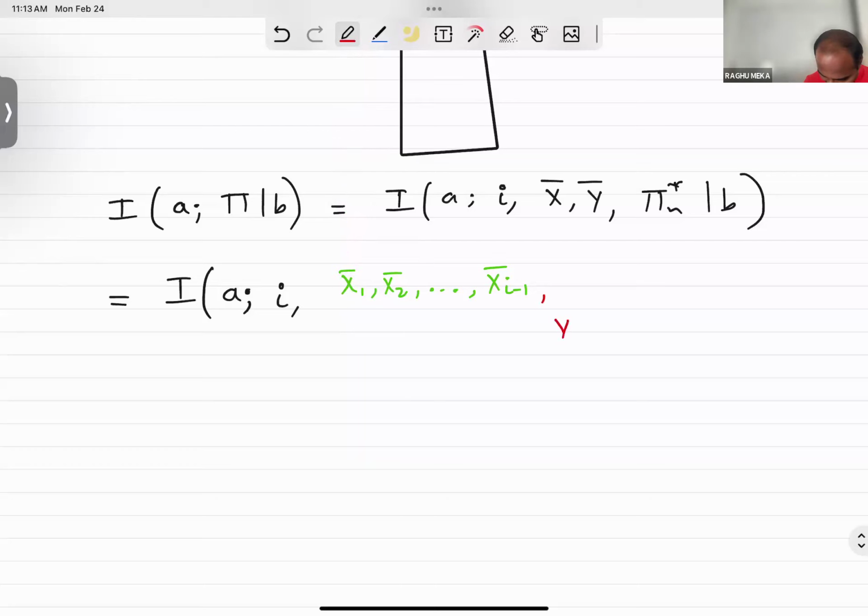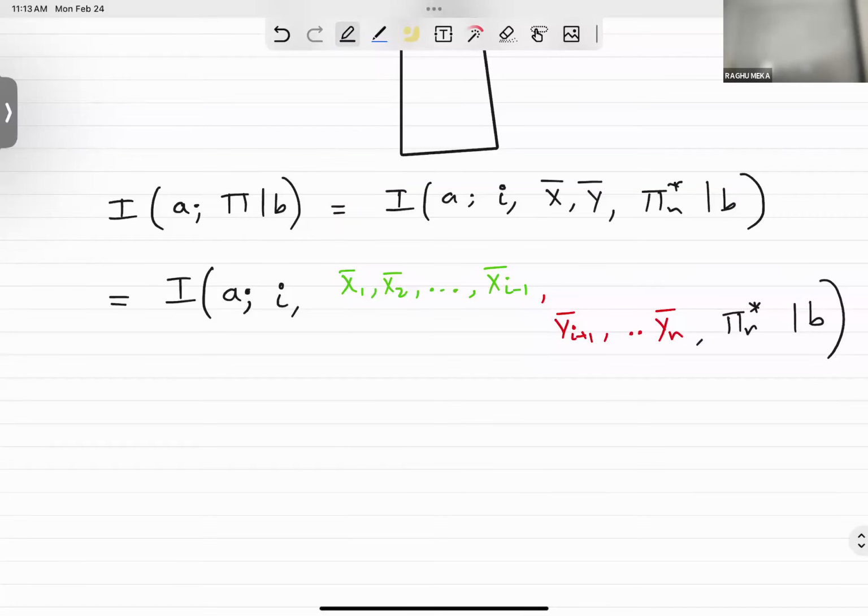I'm just writing it in this way. It's the same thing. Okay, this is what we're measuring, right? So we have x1 through x_{i-1} bar, y_{i+1} bar to 1, right?